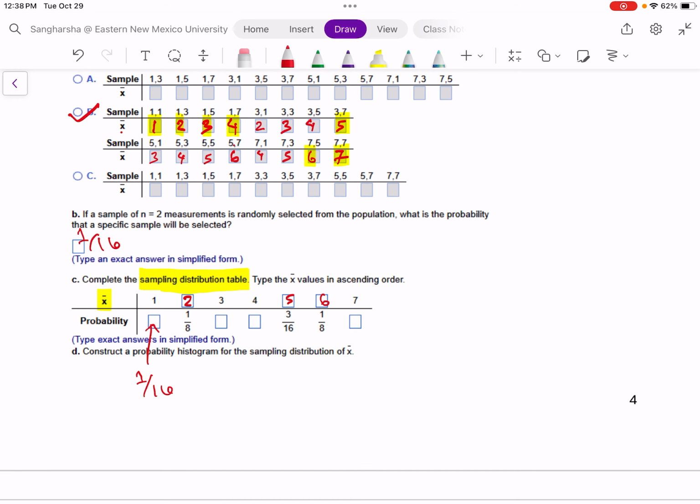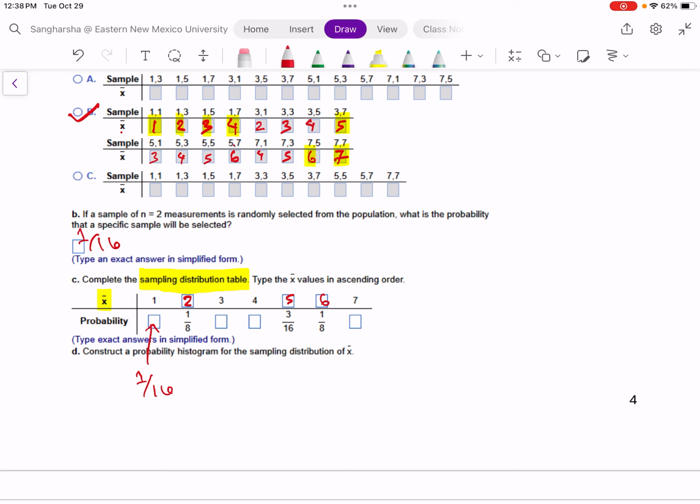Now what about 2? It's given 1 over 8. But how do we get 1 over 8? So x bar takes a value 2 two times, right? So it's here and here. So 2 times means 2 over 16. So 1 over 16 plus 1 over 16, 2 over 16. And in the simplest form, it is 1 over 8.